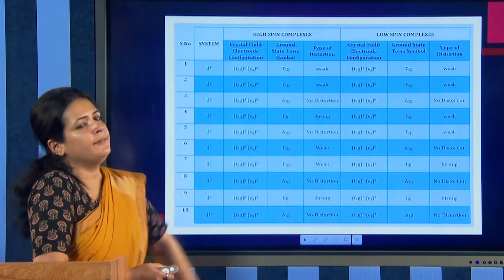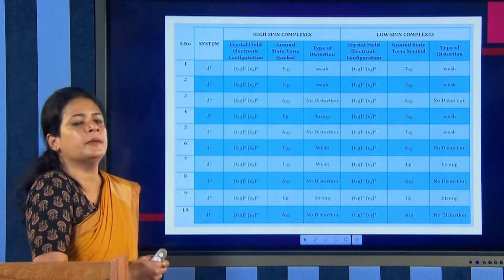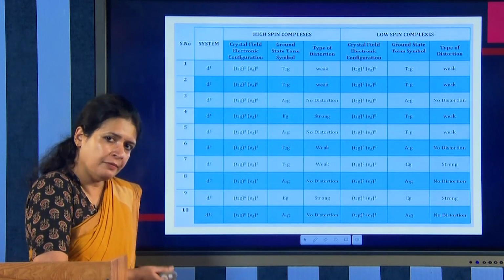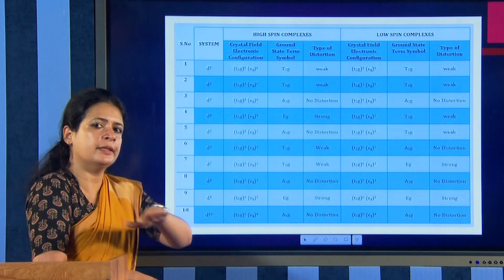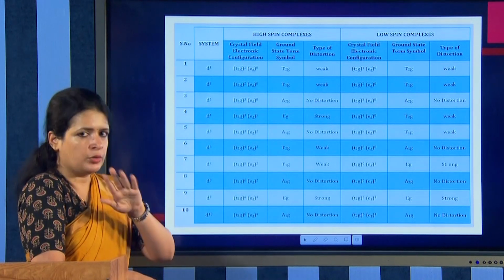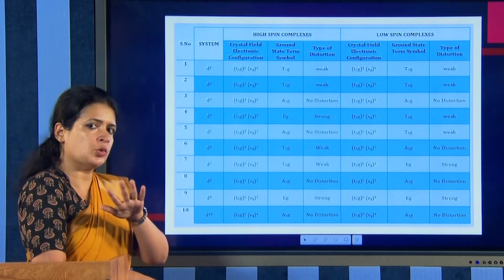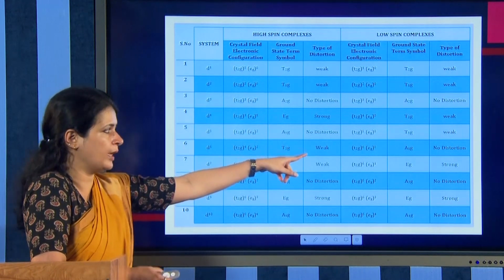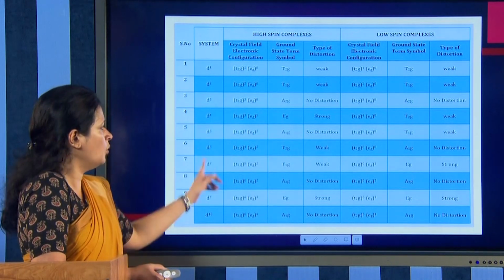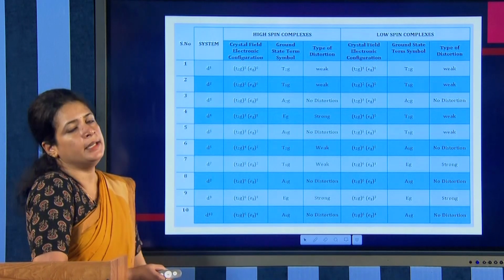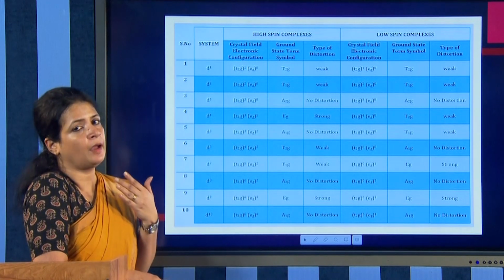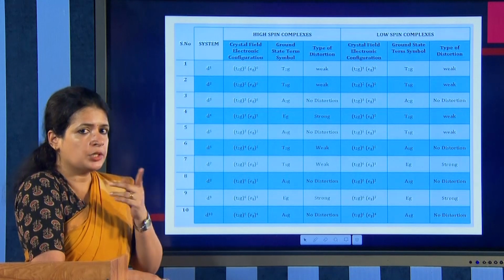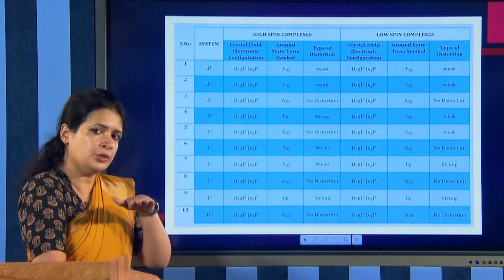Now moving to d5 low spin, after the 4th electron, the 5th also should be occupied in the t2g orbital, and the 5th electron also has an option of occupying, that is why it is having a weak distortion. Now moving to the d6 case, d6 low spin means after the 5th, the 6th should be occupied only in the t2g only.